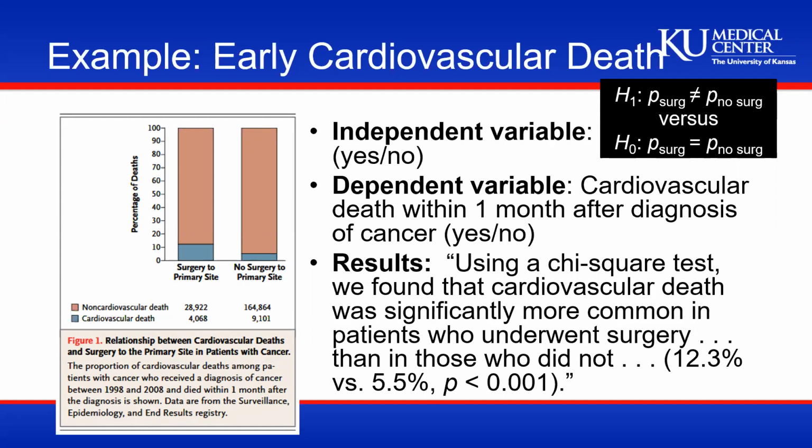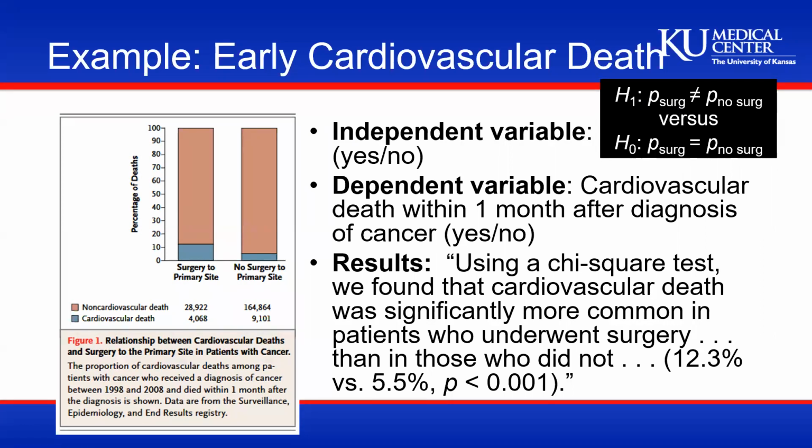Here we're hypothesizing that the rate of cardiovascular death for individuals who receive surgery versus those who did not is different or the same. We think it's different. That's the scientific or alternative hypothesis. But we have to assume that it's the same and then perform the chi-square test to see if the evidence is strong enough in favor of the alternative for us to reject the null.